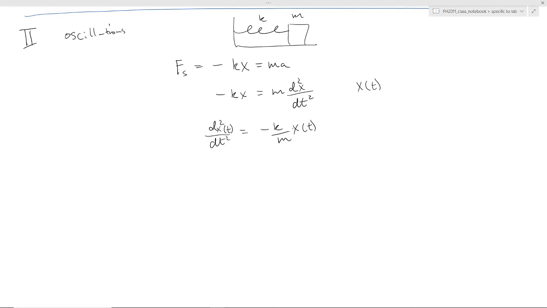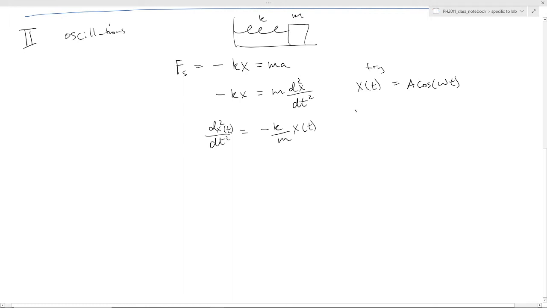So there are different solutions for this, but a really simple one is to just think about sines and cosines. So for example, let's just pick an x of t. Let's try x of t equals a cosine omega t. Okay. So let's look at this.